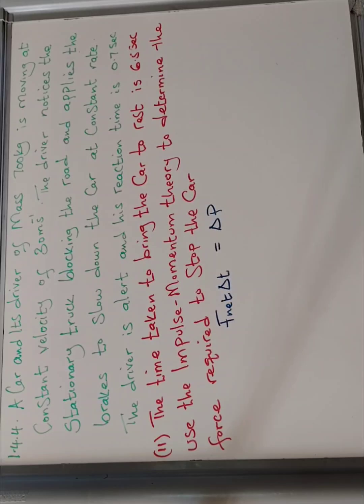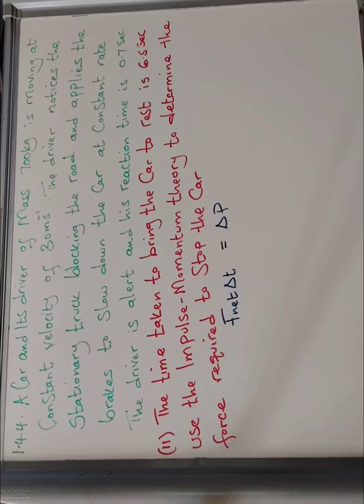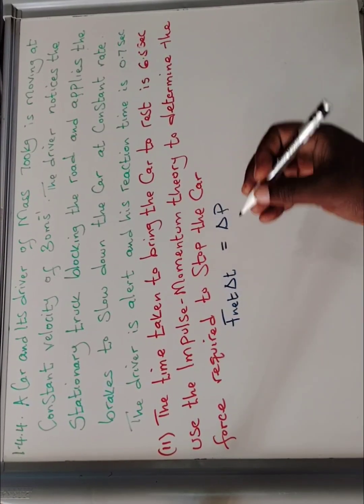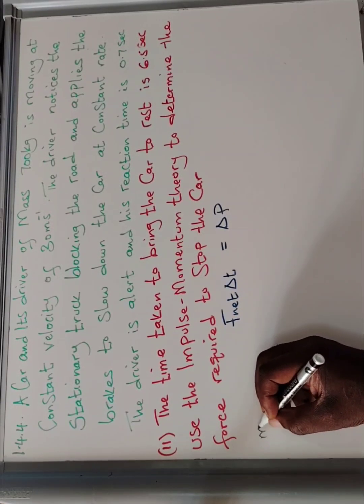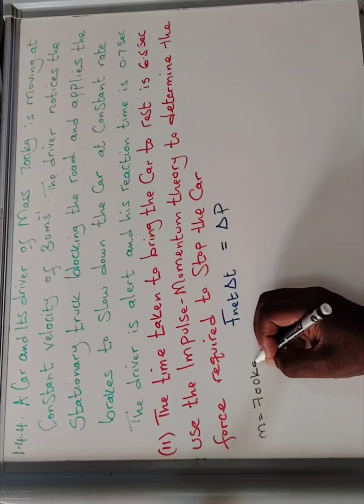And they want us to use it to determine the force needed to stop the car. Okay, let's check what we have here from the information. First of all, you have the mass. The mass is 700 kilograms.